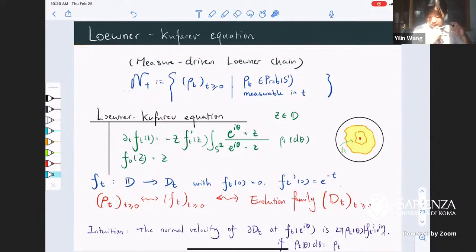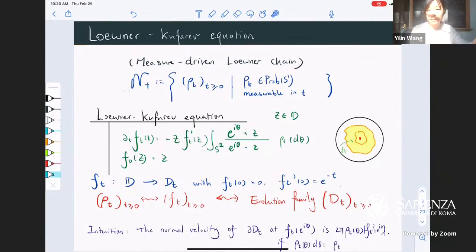So the upshot is that if I'm given a family of probability measures on the circle, it gives me a family of conformal maps f_t, mapping onto the evolution family D_t. And this family of D_t is always shrinking. All right. And these are equivalent.